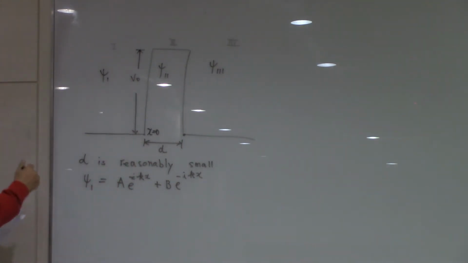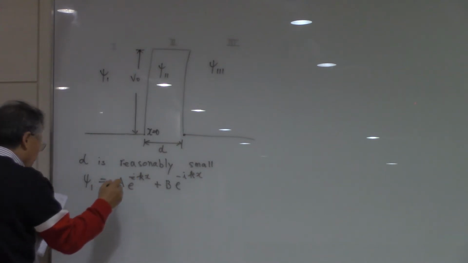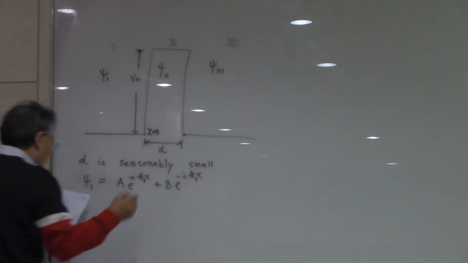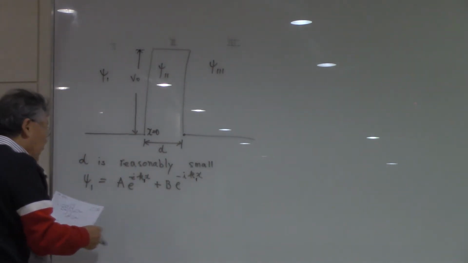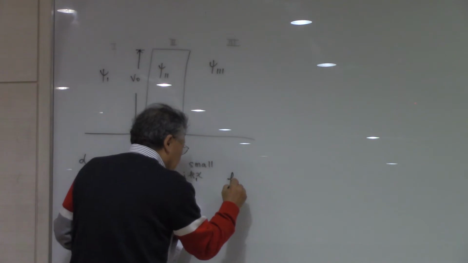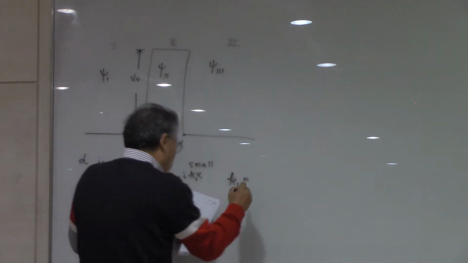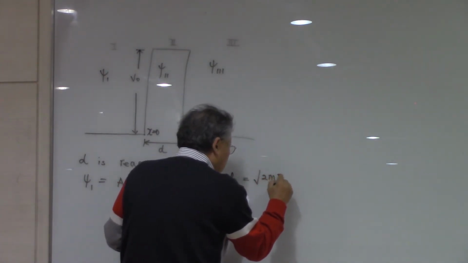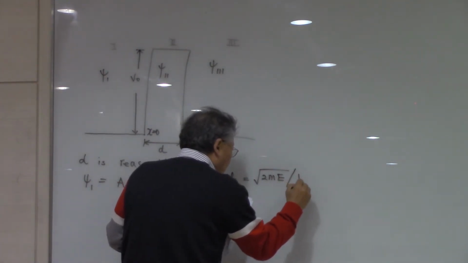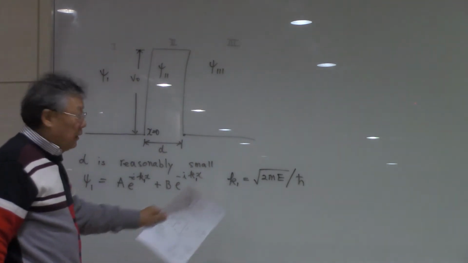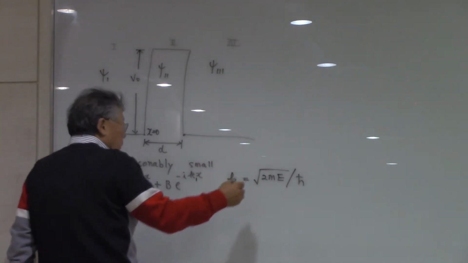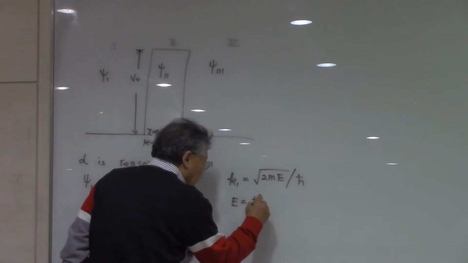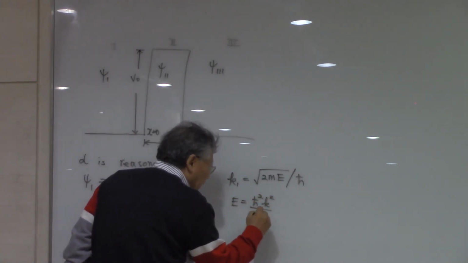So psi 1 is going to have this, and the k value is k1. According to our discussion last time, k1 should be the square root of 2mE over h bar. It comes from the energy being h bar squared k squared over 2m, right?